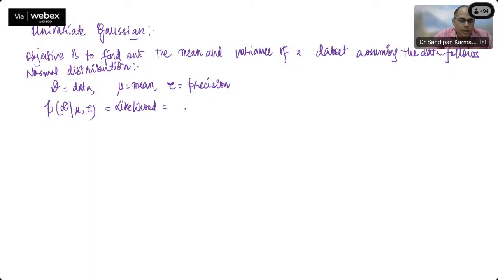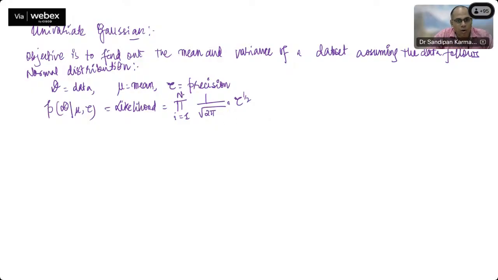The likelihood will be the product from i equals 1 to n, whatever we did in yesterday's class, so you can remember. This will be under root 2 pi, multiplied by tau to the power half. Why is it tau to the power half? Can anybody tell? It was 1 by under root 2 pi sigma square, right?